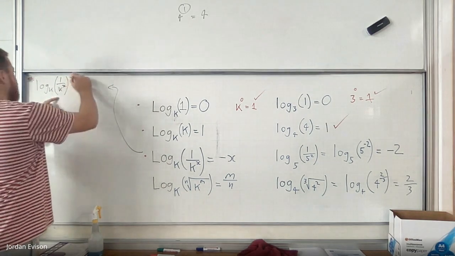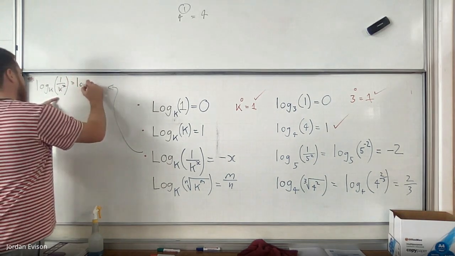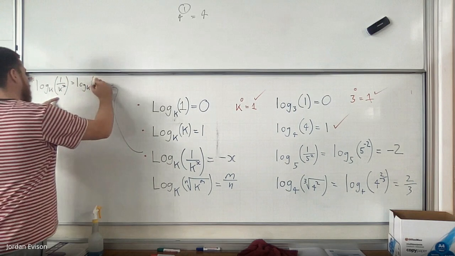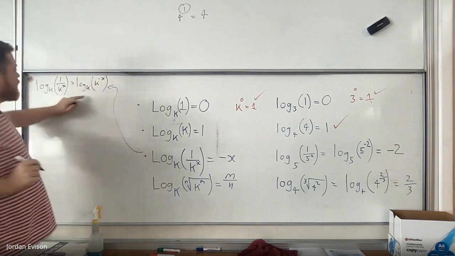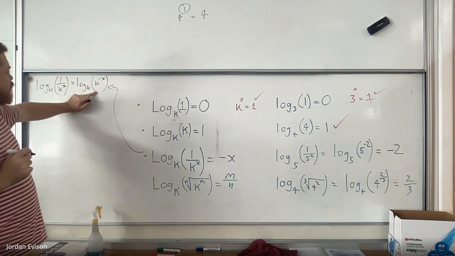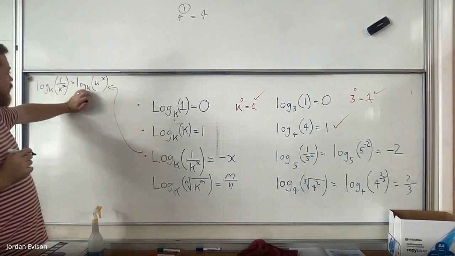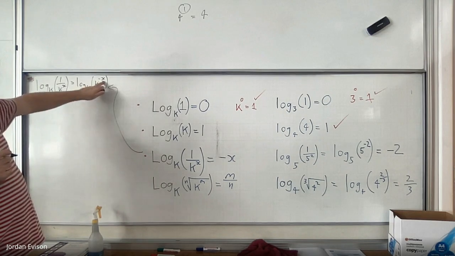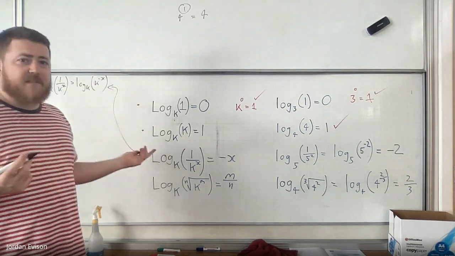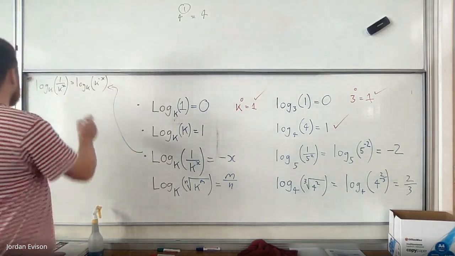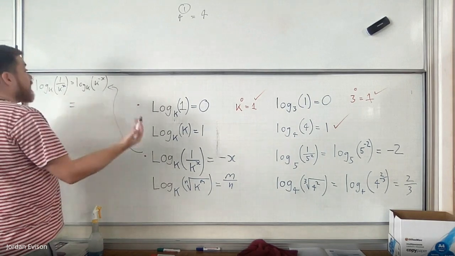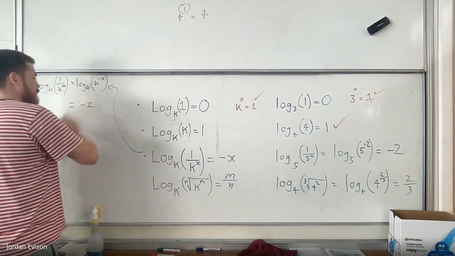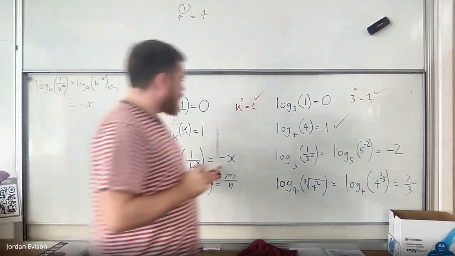This actually equals log k, bracket k to the negative x, doesn't it? Now, if I'm asking myself, with a base of k, I start with base k and I end up at k to the negative x, what's the power? Well, it's being told to me, isn't it? Sorry, it's got to be negative x is the power. So that's consistent here.